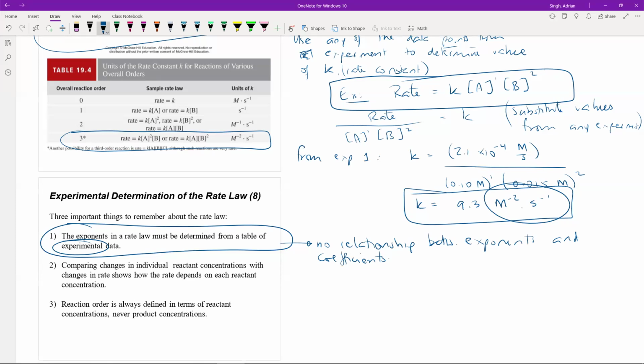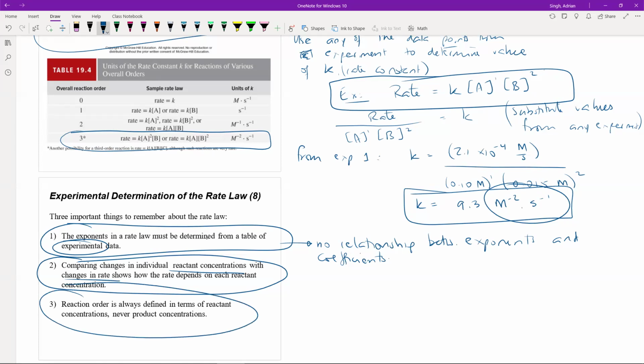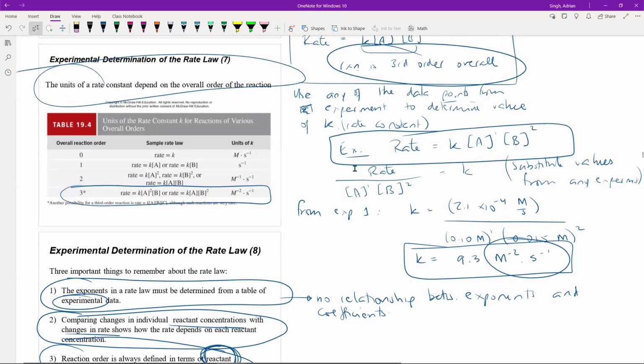And in order to do that, we can compare the changes in individual reactant concentrations with the changes in the rate. Changes in reactant concentrations with the rate show how the rate depends on each of those reactant concentrations. And the last thing that we mentioned at the very beginning is that the reaction order is always defined in terms of the reactant concentrations, never for the products. We never see the product concentrations in the rate law expression, it is always with respect to the reactants.